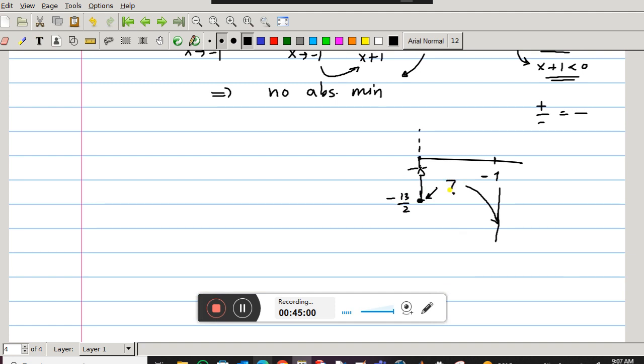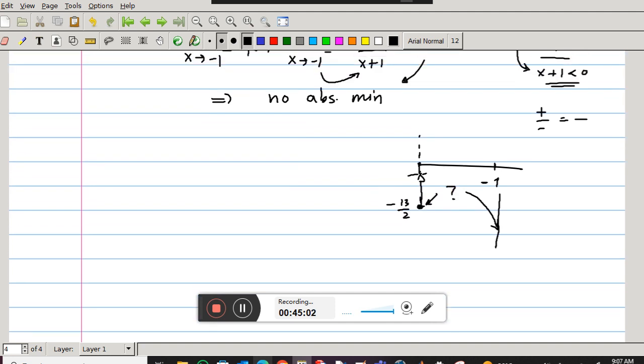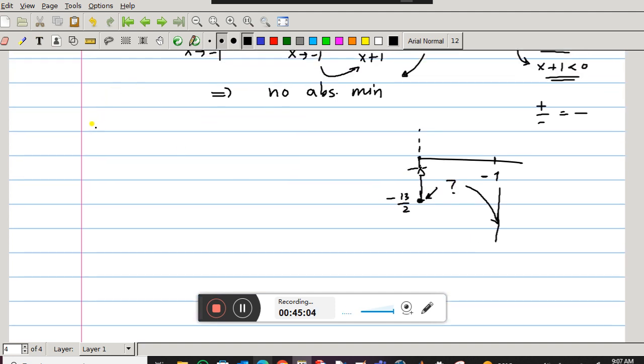So in the middle, I may have a maximum now. So I have to find critical points. To look for a maximum now, I need critical points.